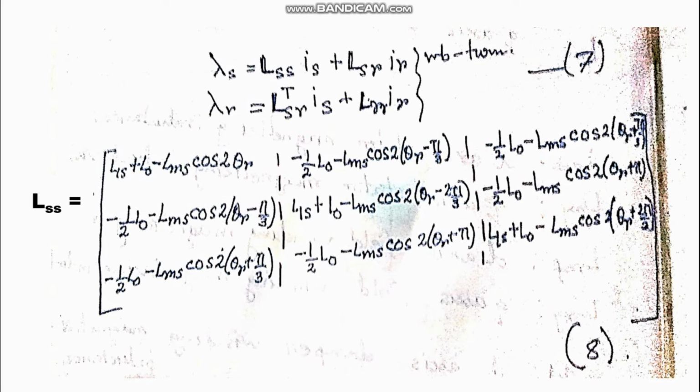Now here also we are assuming LSR to be a matrix, and it is quite obvious that while finding the flux linkage of stator winding due to rotor current, you have to use LSR, while to find the reverse, that means the flux linkage of rotor winding due to stator current, you just have to take the transpose of that matrix. Now here LSS contains all these terms.